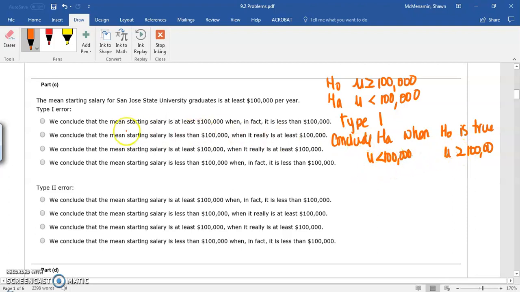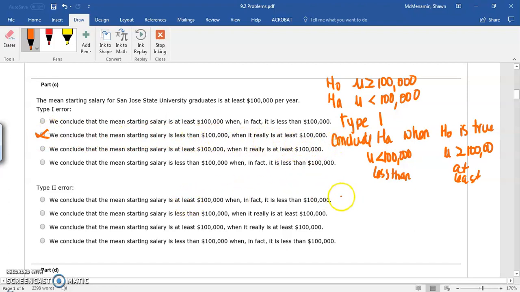The words they use are less than and at least. So you want something that says less than and then at least. You're concluding that the mean is less than 100 when in reality it's at least 100.